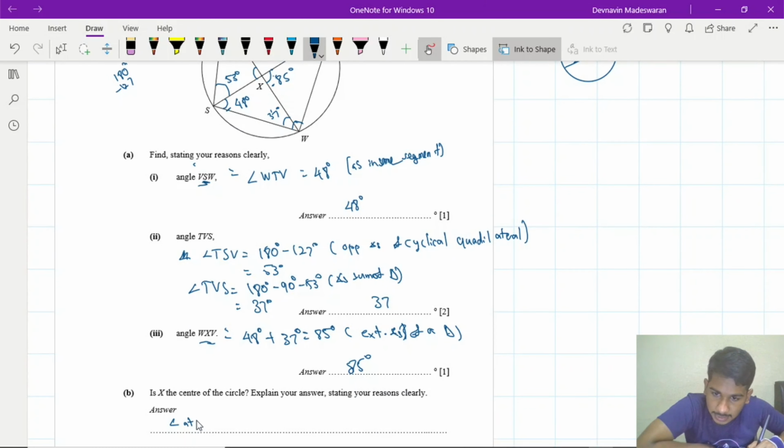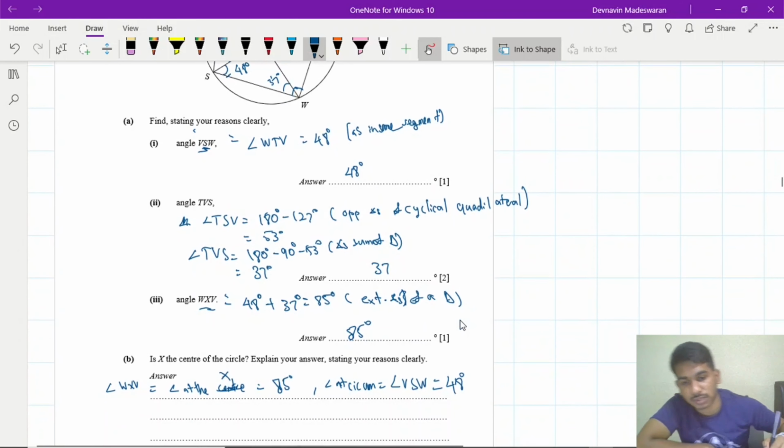Angle at the center is equal to 85 degrees. It's not center. Angle at X is equal to 85 degrees. We can say angle WXV, angle at circumference, is equal to angle VSW, which is equal to 48 degrees.